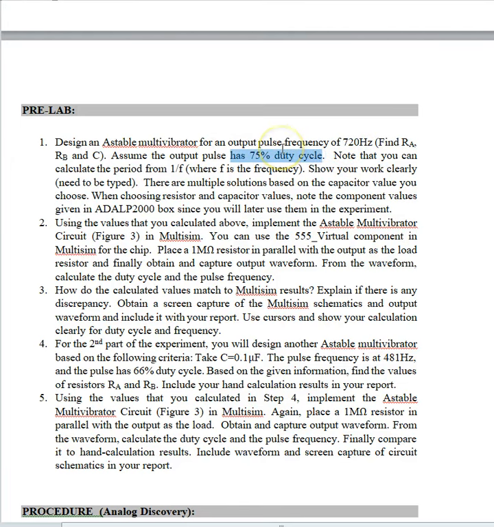You should be able to figure out the required components RA, RB, and C. Just know that there are multiple solutions based on the capacitor value you pick, and of course you try to pick values available in your component box. Once you have the design completed, you verify it using Multisim and use the virtual component of the 555 timer, and make sure to use a load resistor at the output, otherwise it might not work.